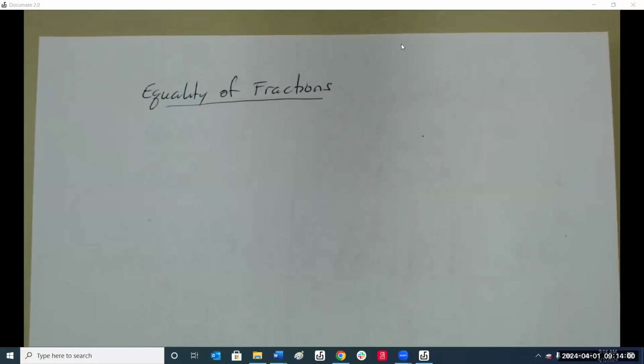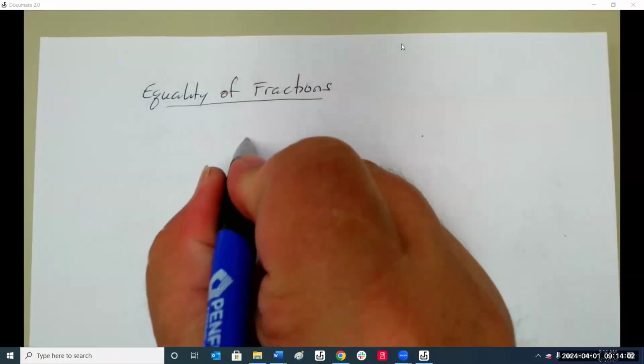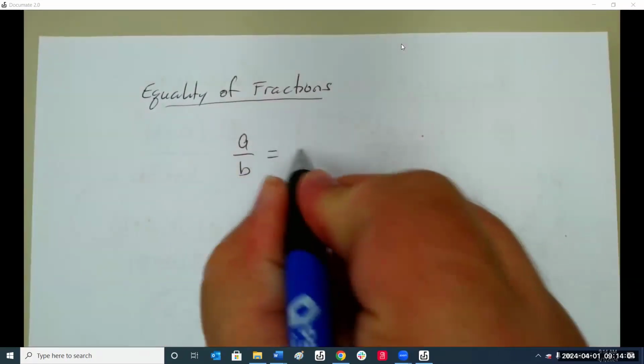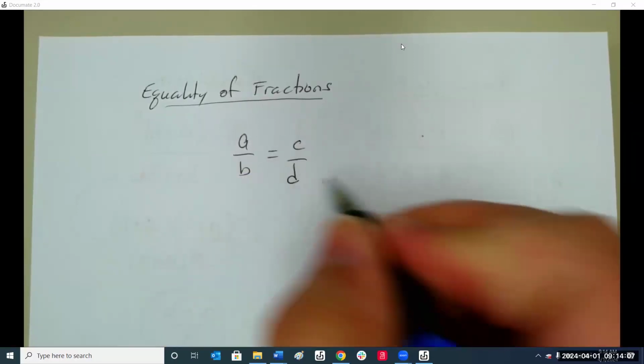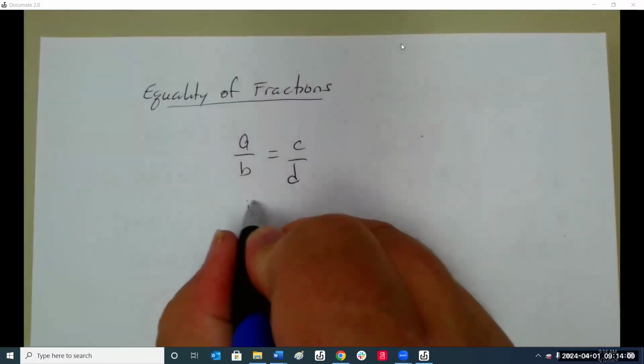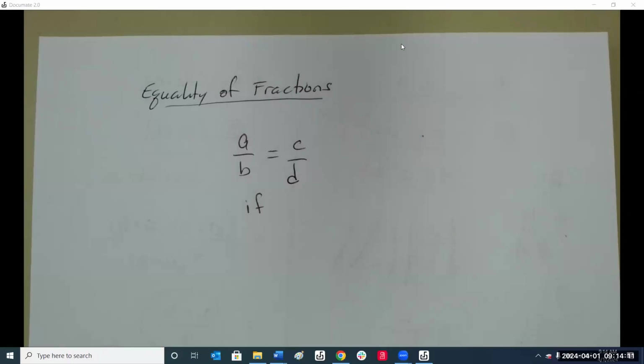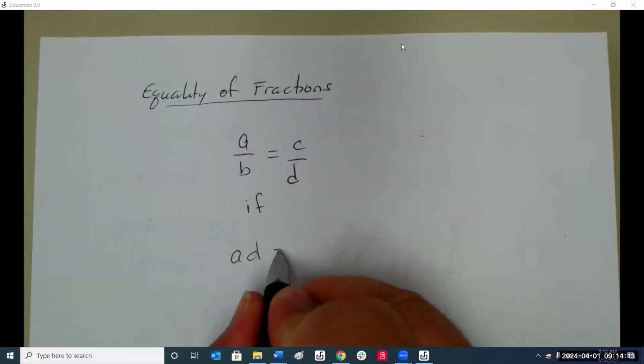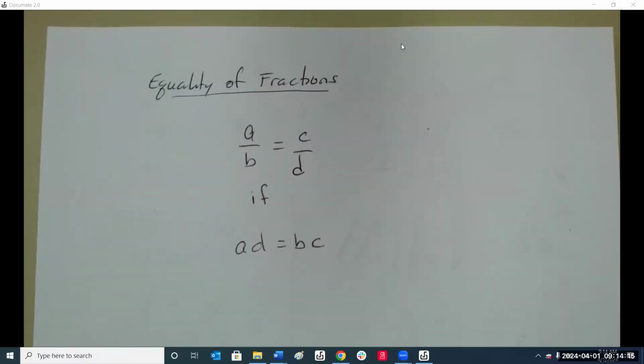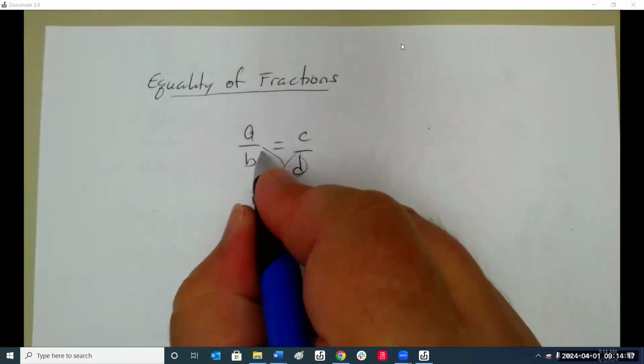Two fractions are equal if what? Two fractions are equal if we did that cross multiplication thing.